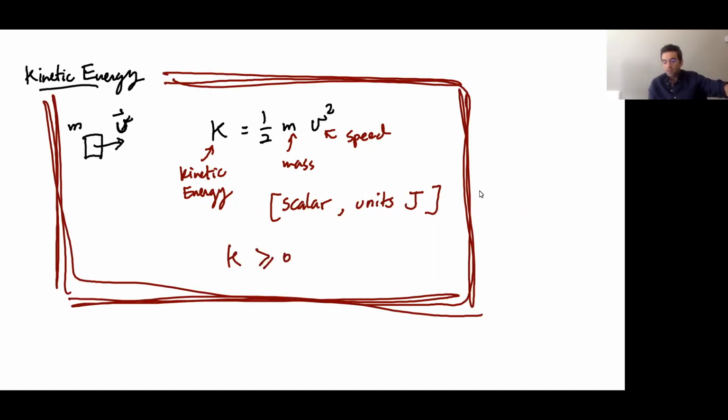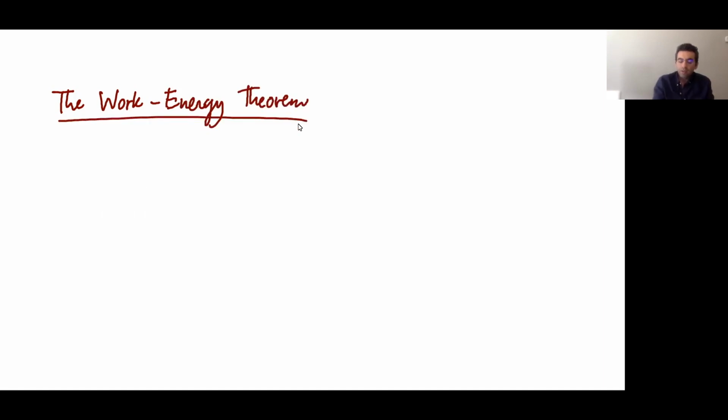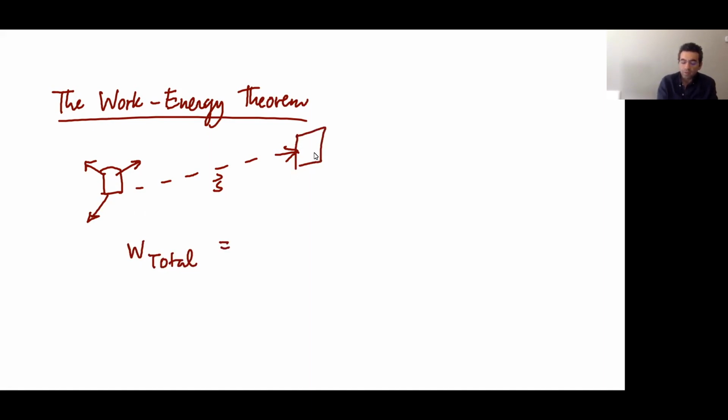But the difference, now linking the two ideas together, we find out something called the work energy theorem, or the work energy principle. And the work energy theorem says that if I have an object with a bunch of forces acting on it, and it ends up being displaced at displacement S, then I can always say that the total work done on that object during its displacement is equal to the change in the kinetic energy of the object.